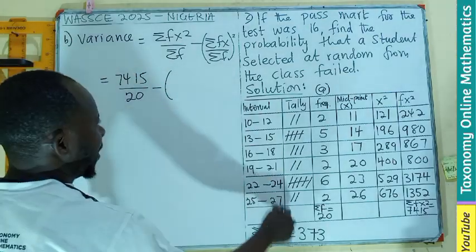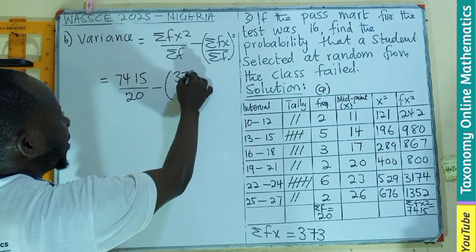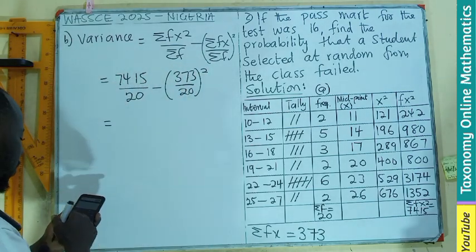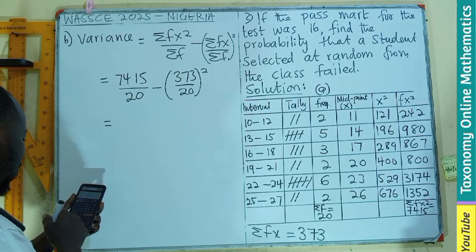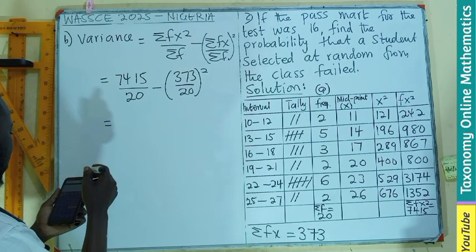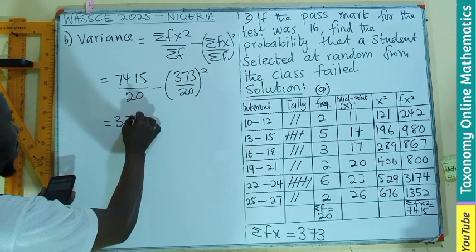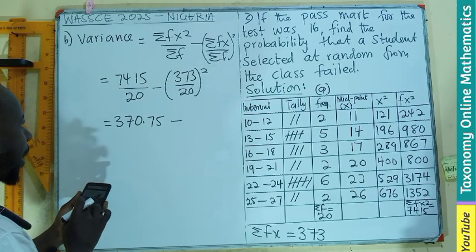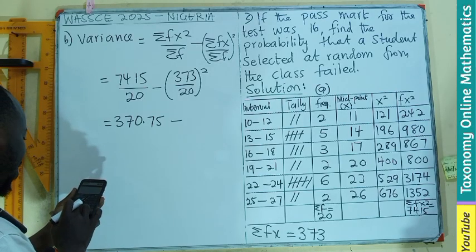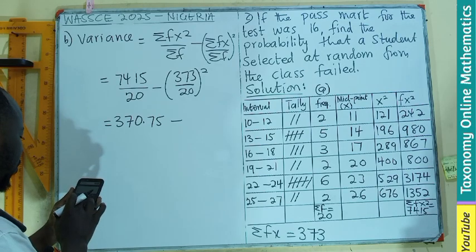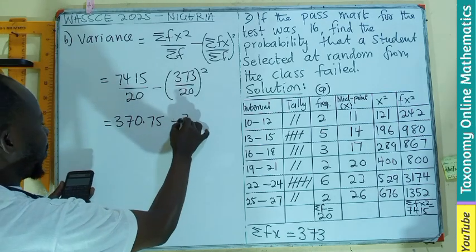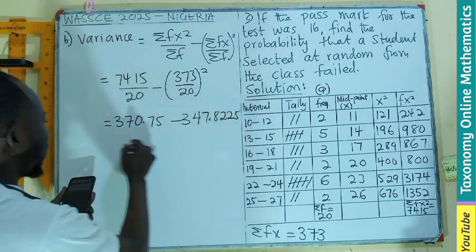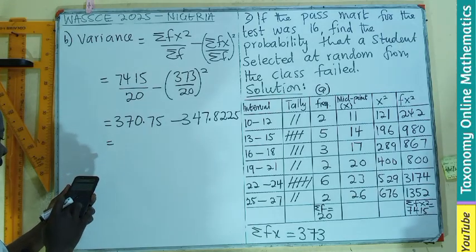So we have 373 divided by 20, all squared. In this case, 7415 divided by 20 will give you 370.75, minus 373 divided by 20 all squared, which will give you 347.8225.